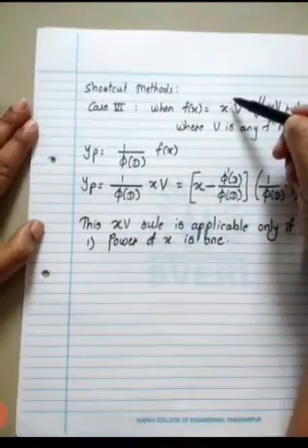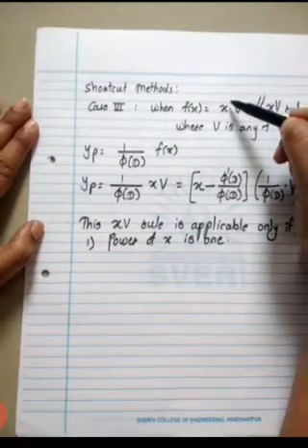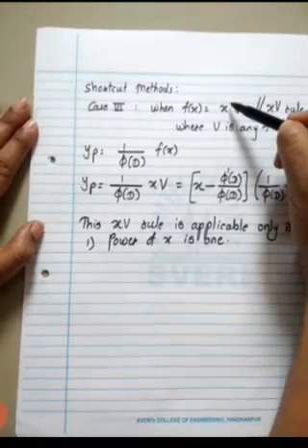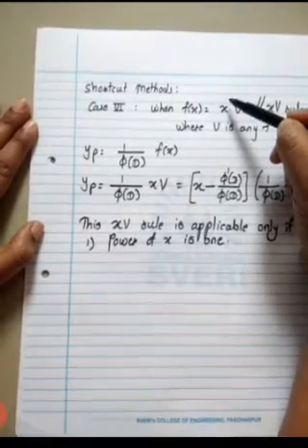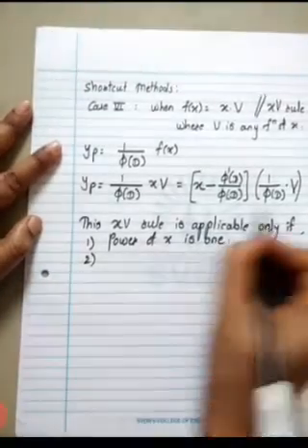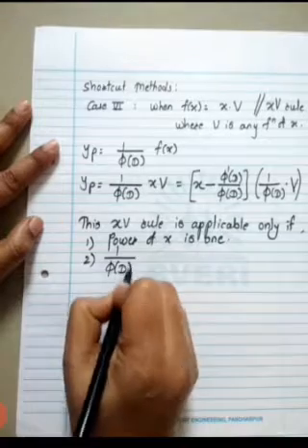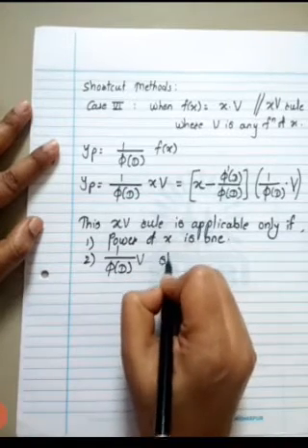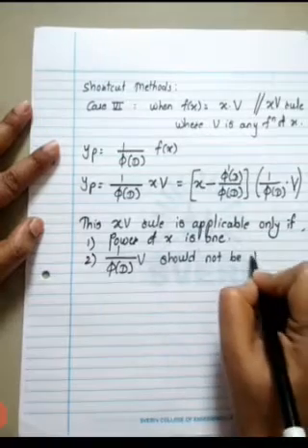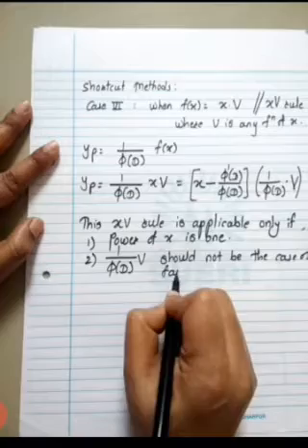It should be xv, it should not be x square v, x cube v, or x raised to minus 1. Strictly, the power of x must be 1, it should be x only. The second condition is that the second bracket, 1 upon phi d into v, should not be a case of failure.